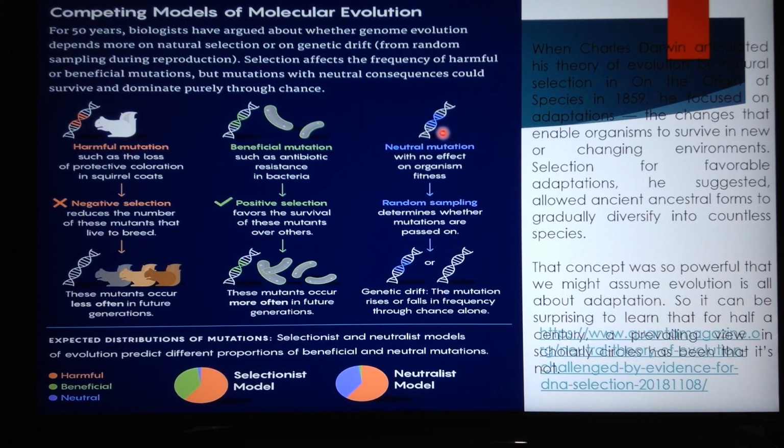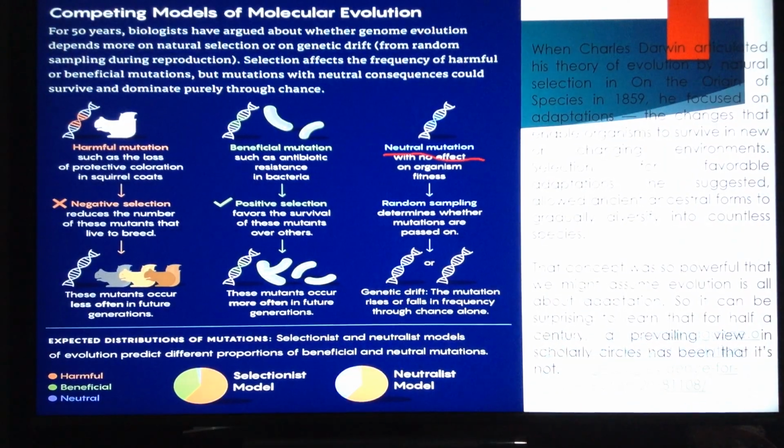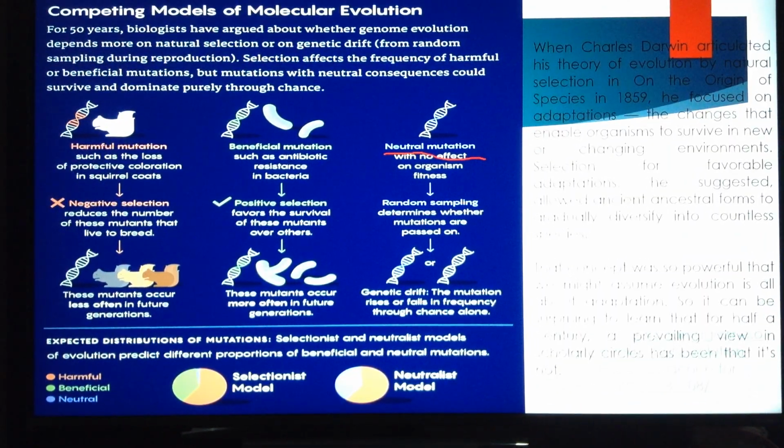Now this is a neutral mutation with no effect on organism fitness, because it is not offering any kind of survival advantage, or any condition in which the organism will be more fit to live in a particular environment.